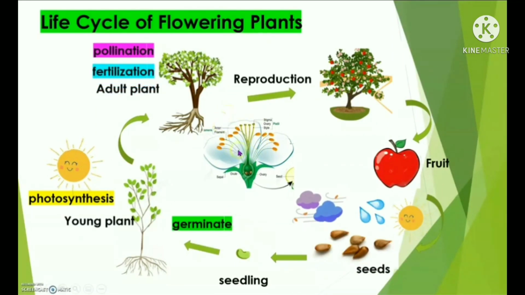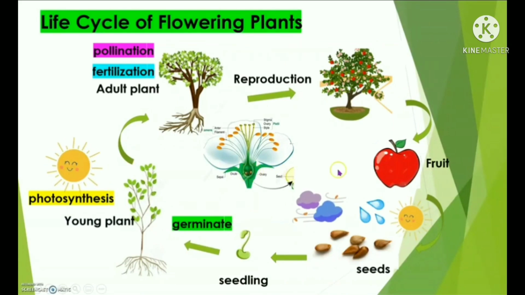After pollination and fertilization, it will now reproduce its fruit. So as we can see in this picture, this tree has a lot of fruits. So we know that this fruit is from the mature ovary walls. And inside we have the ovules.